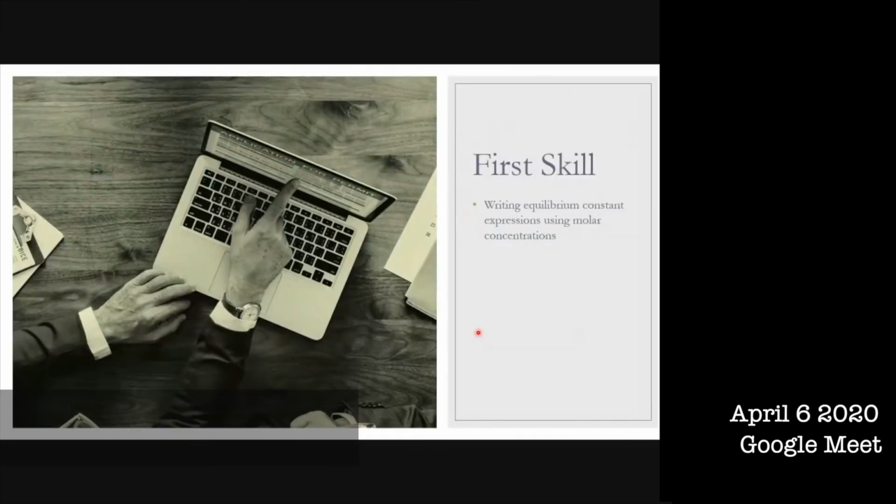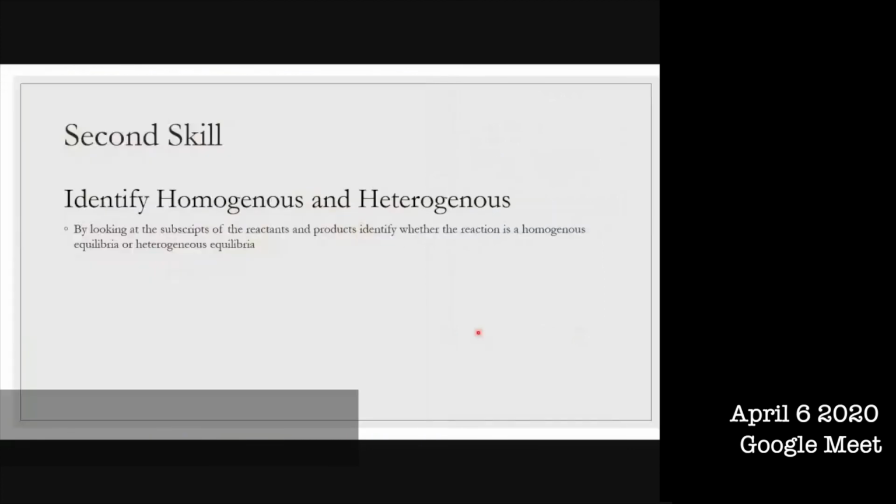I want you to recall here from what we have talked about so far. I know it's a little bit of time. First, you should be able to write equilibrium constant expressions, which means you should be able to write Kc expressions. Second, you should be able to identify homogeneous and heterogeneous equilibria, by looking at the reaction and the subscripts; if they are different states, you should be able to do that.